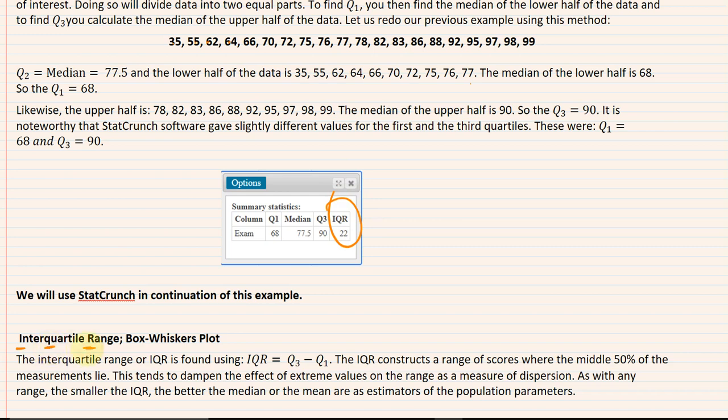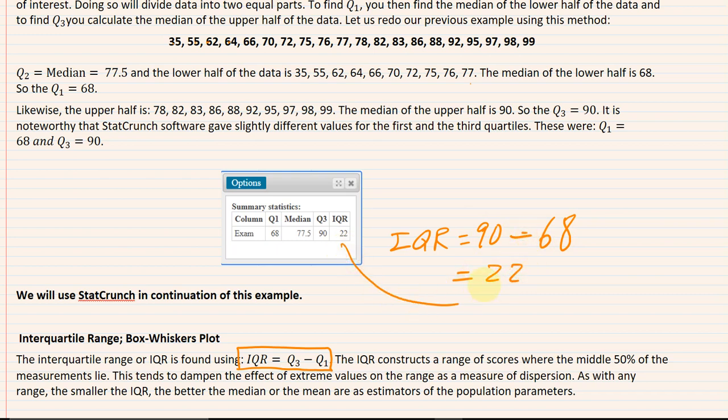The IQR, or interquartile range, is simply the difference between the third and the first quartile. So in this example, to find the IQR, you do Q3, which is 90, minus Q1, which is 68, and the difference is 22, and that's how this number is obtained.